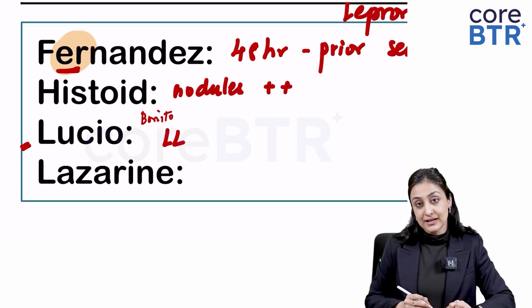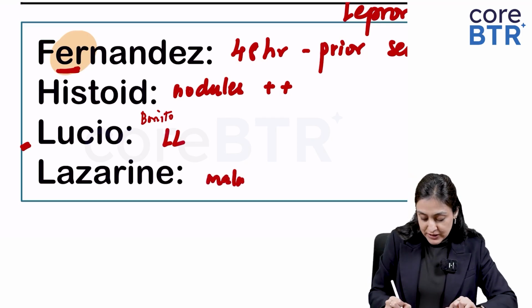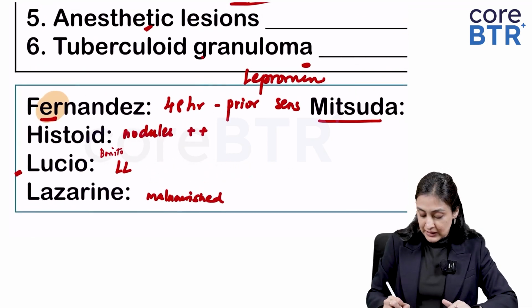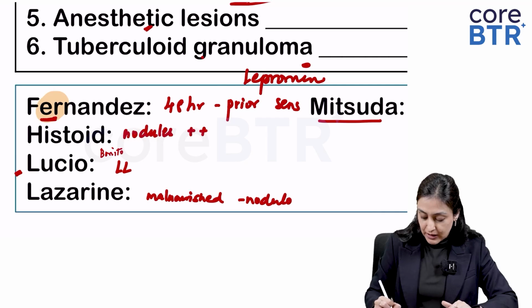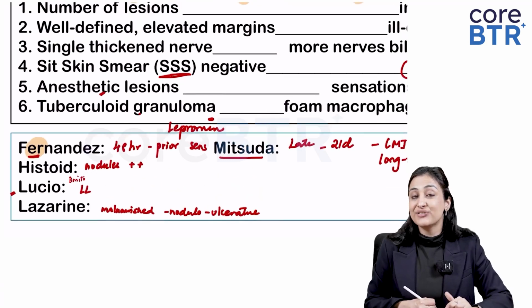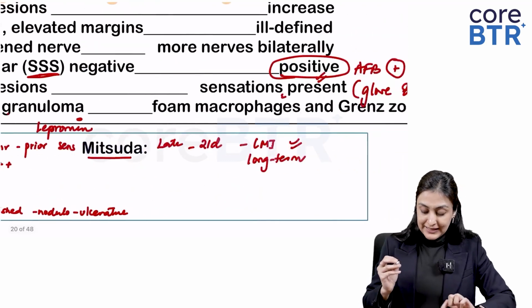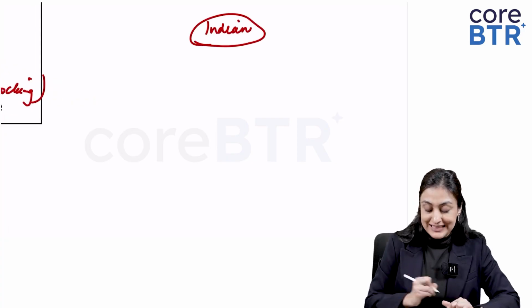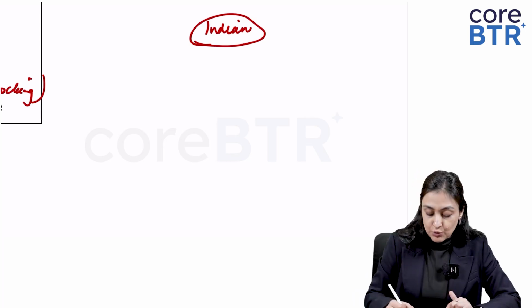Then you have Lazarine. Lazarine is in malnourished, poor socioeconomic status. They have leprosy, and this is where the leprosy lesions become nodulo-ulcerative. So these are just morphological variants of leprosy. In addition, you also should know about the Indian subtype, right? So according to the Indian classification of leprosy, there are two more types.